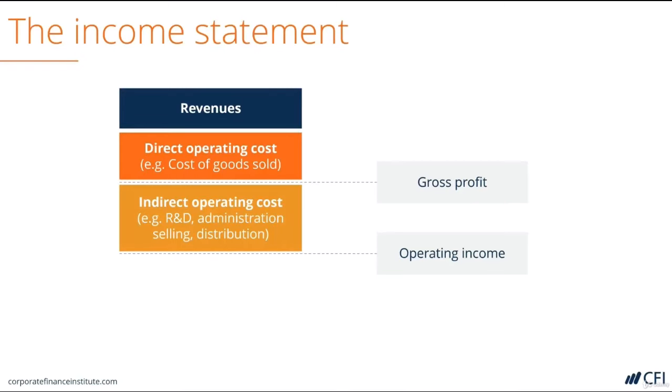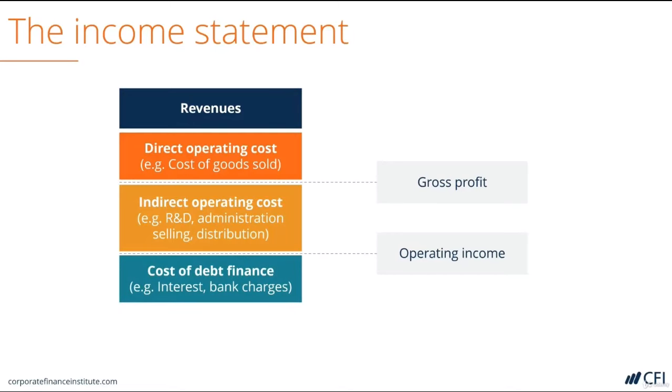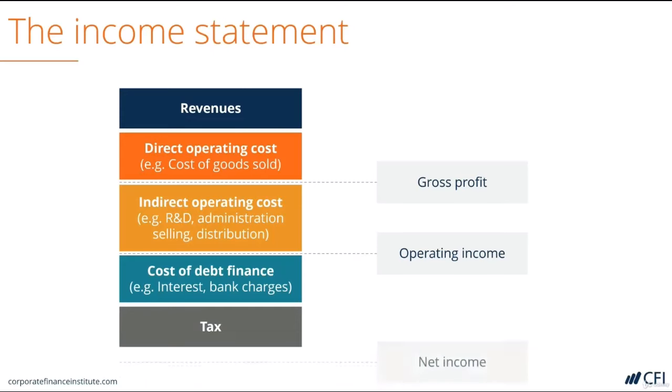Below the operating income line on the income statement, we can then deduct the cost of debt financing. This includes interest expense and bank charges. After deducting the cost of debt finance, there is often another subtotal for earnings before tax. Below that, taxes are deducted, and finally, we arrive at net income, the bottom line.